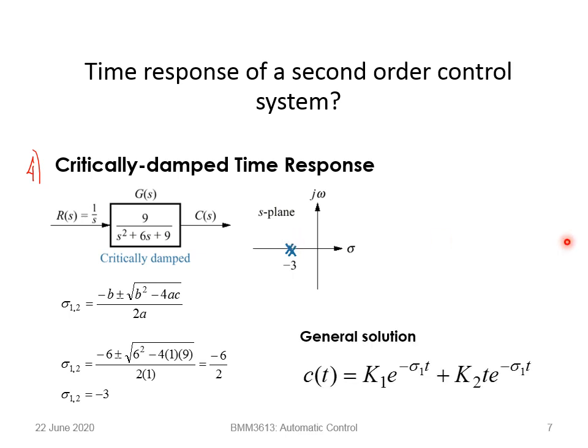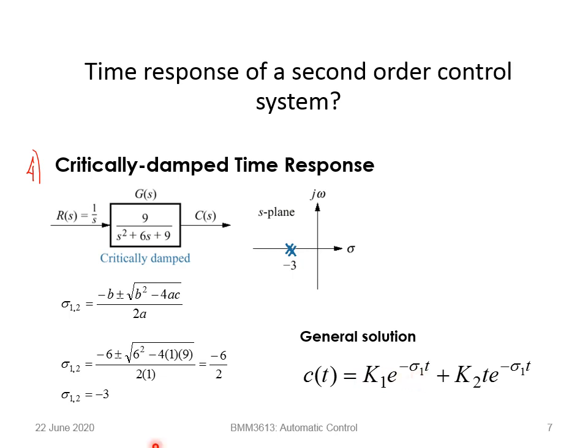And the general solution, if you take the time to calculate C(s), then do partial fractions and find C(t), will have this form. It equals K1 exponential minus sigma 1 t plus K2 t exponential minus sigma 1 t.